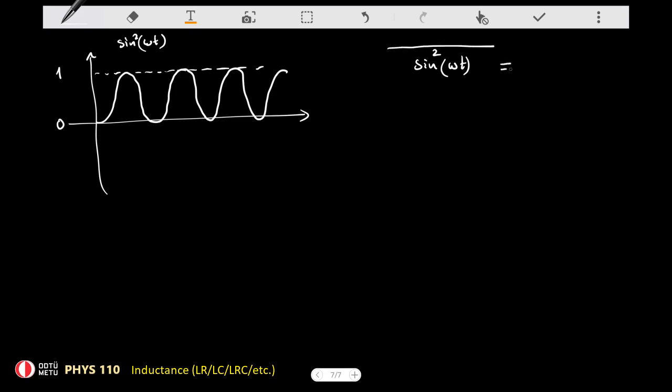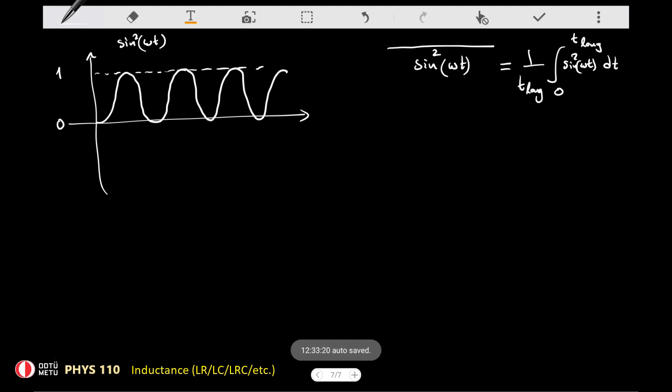That means you just take a very long time. You take this function sine squared omega t and integrate it for a very long time. I'm going to write t long in here, and then divide by that long time. That's the time average essentially. In general, for functions, if you integrate and then divide by the time interval, that's essentially the average area under this curve.